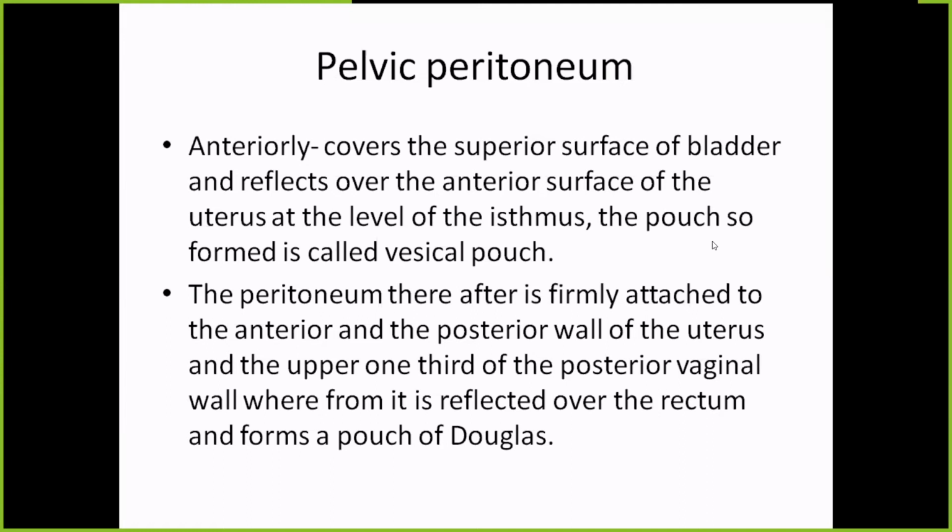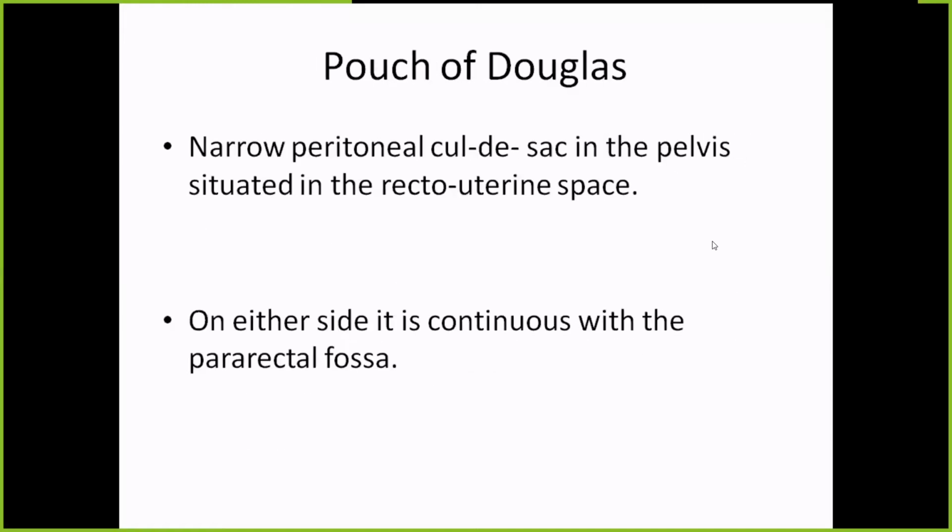From there, it is firmly adhered to the anterior part of the uterus, then to the posterior wall of the uterus, and the upper part of the posterior vaginal wall. Again, there it forms another pouch, which is known as the POD. So anteriorly, it forms the vesical pouch. Posteriorly, it forms the pouch of Douglas. And that pouch of Douglas is continuous with the pararectal fossa.